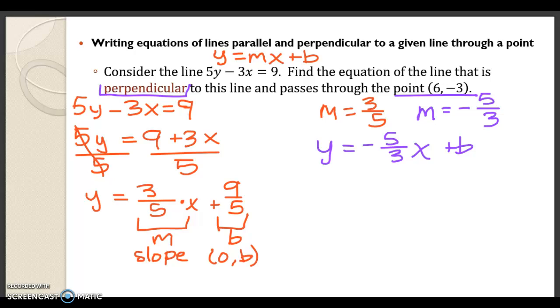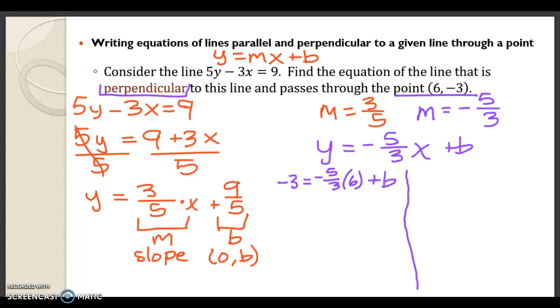There are a few different ways we can find b, and I'm going to go through both ways. One way is to just plug numbers straight in. I have the point (6, -3), so y is negative 3, and x is 6. Then I'm trying to find what b is, and all I need is some algebra.